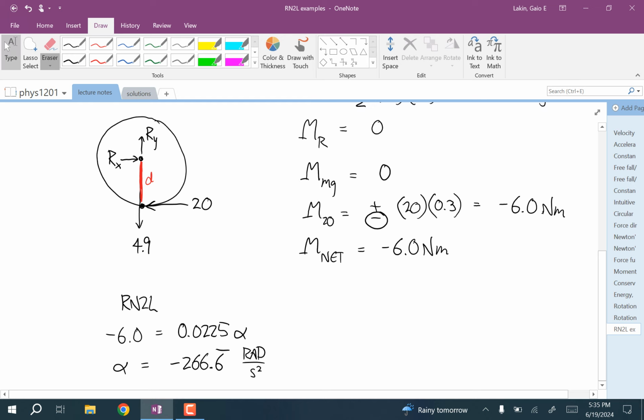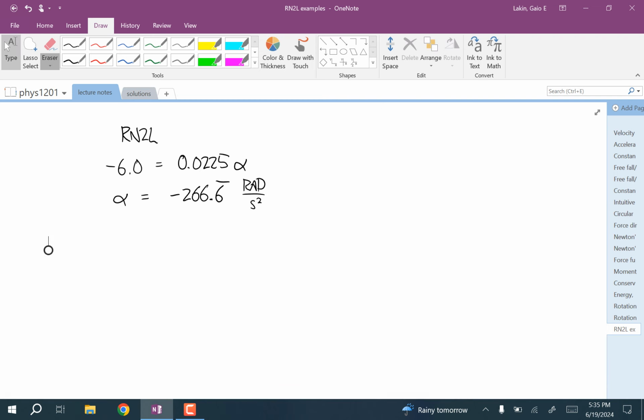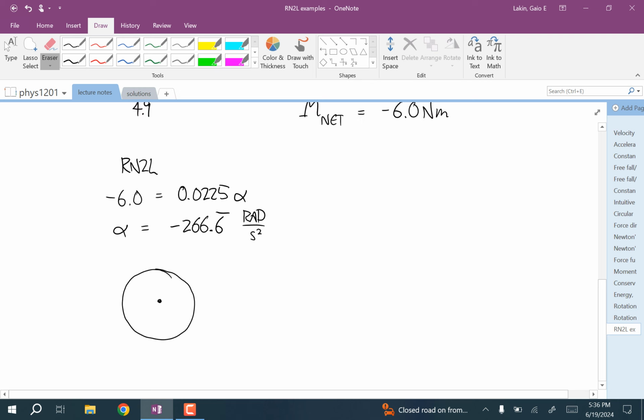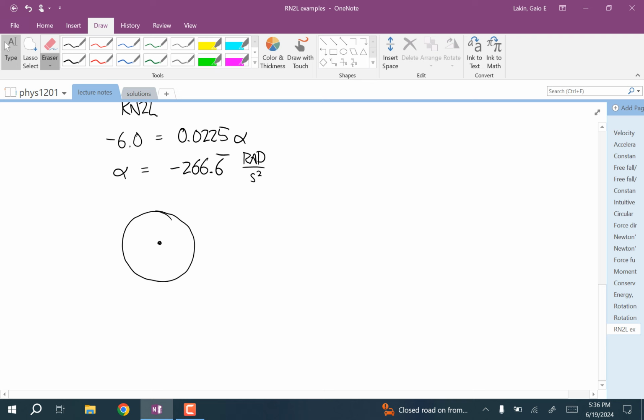Now what we need to do is do the circular motion calculation for that point A. Okay, so we know that the angular velocity, that was given that it's counterclockwise at 10 radians per second. We calculated that the angular acceleration is clockwise, so it's this direction.